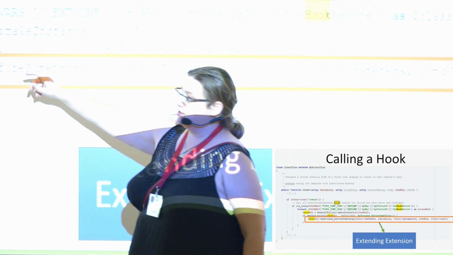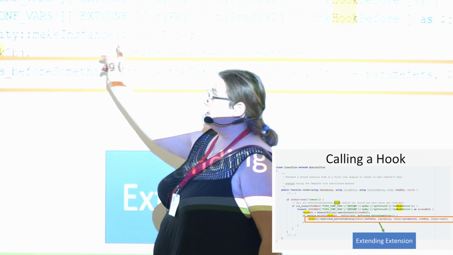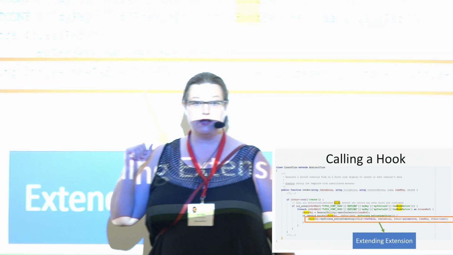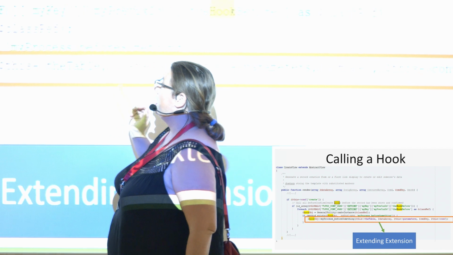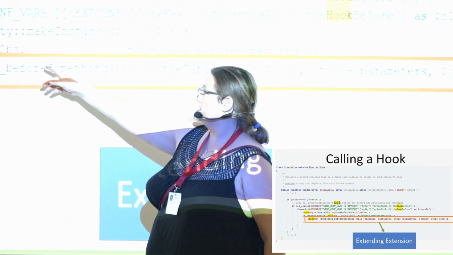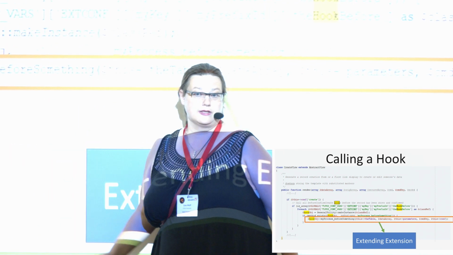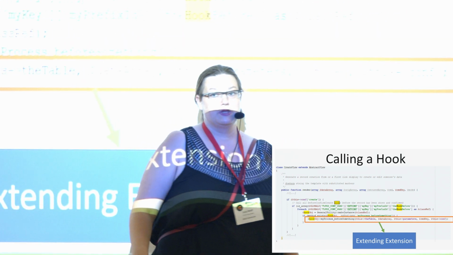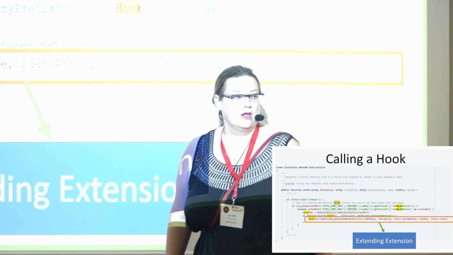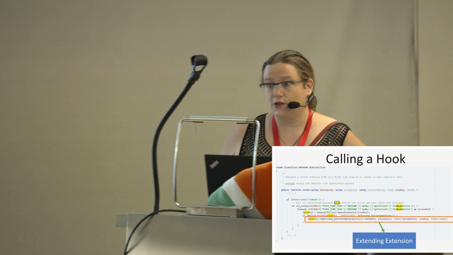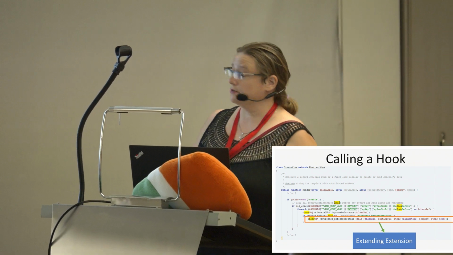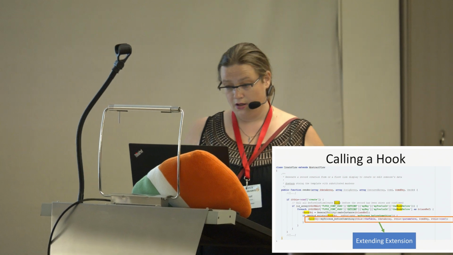You should always use GeneralUtility makeInstance for that, so that XClassing, about which we will talk later, is still possible. Then if the method exists, we call the method and give it the variables. And of course, if the extension changes the way the hook works, my extension will break.